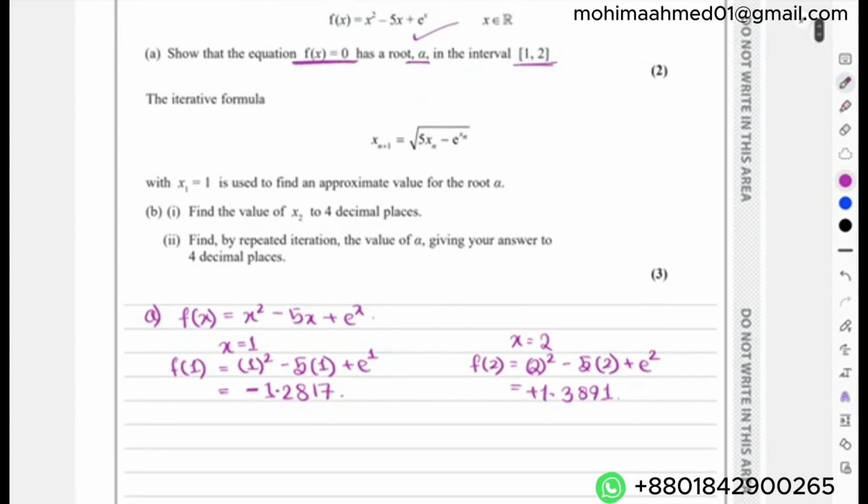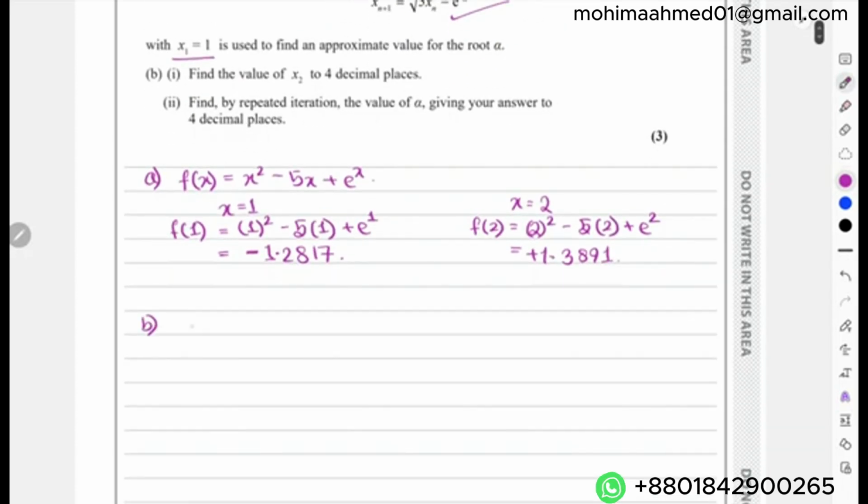Okay, the iterative formula is this one, and they have also provided x1 equals 1 as an approximate value for the root a, and we need to find x2 over here. So if you have x subscript n plus 1, you can use x1, and that becomes x2. Wherever you have xn, you just input x1 in that position.